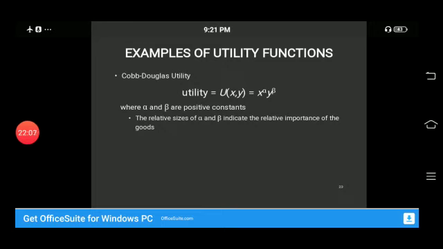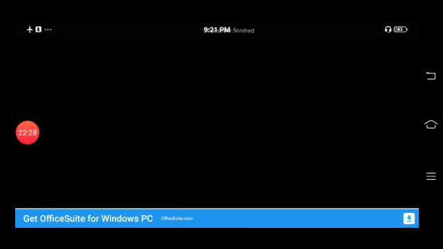Now there is an example of the Cobb-Douglas production function. This is the Cobb-Douglas production function: u of xy is equal to x raised to the power alpha and y raised to the power beta, where alpha and beta are positive constants. The relative size of alpha and beta indicates the relative importance of the good.